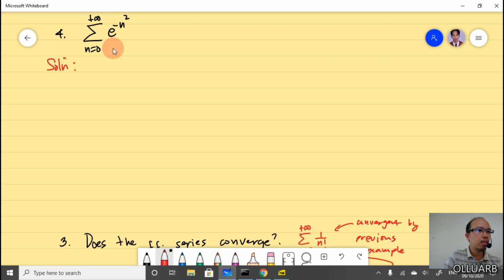Recall that this is our term, our a_n. Let's simplify first the a_n: e to the negative n squared is equal to 1 over e to the n squared. Okay, this is basic algebra.